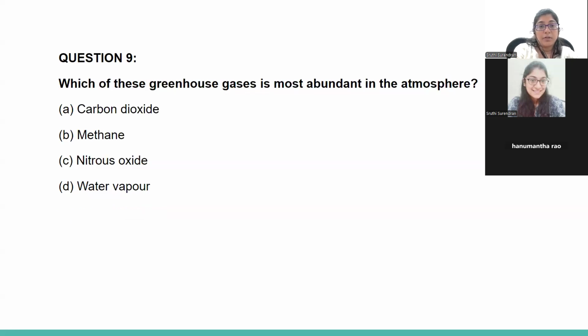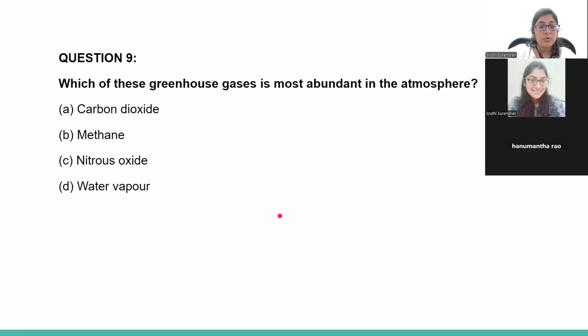Now, which one of these following greenhouse gases is the most abundant in the atmosphere? Okay.